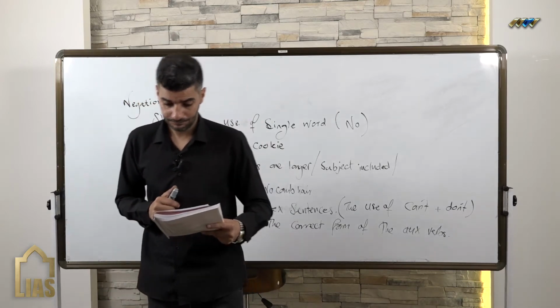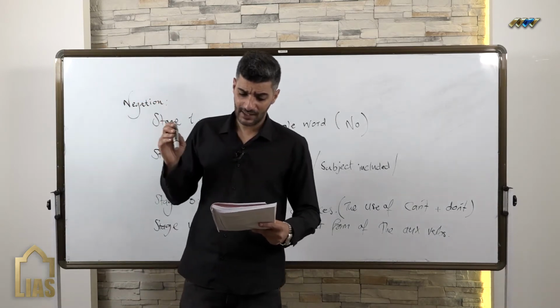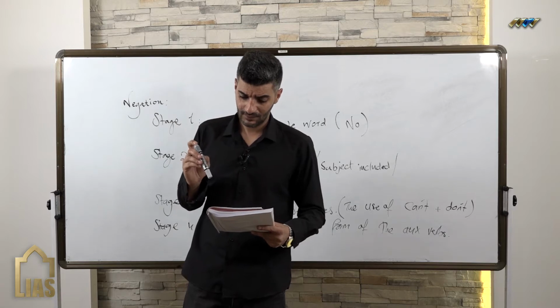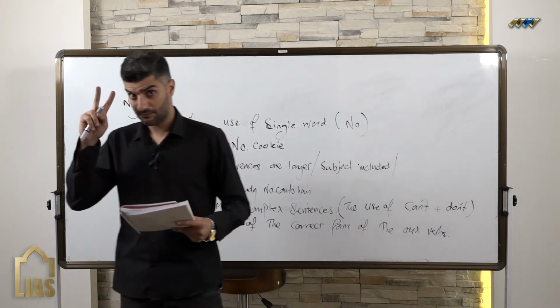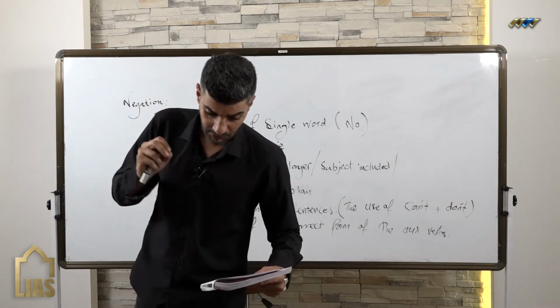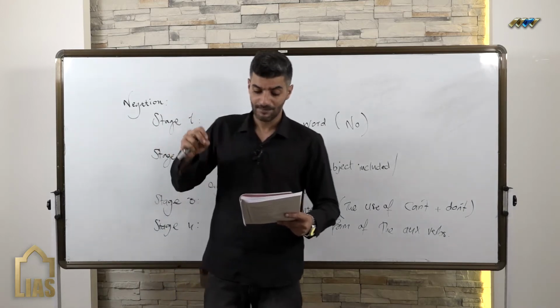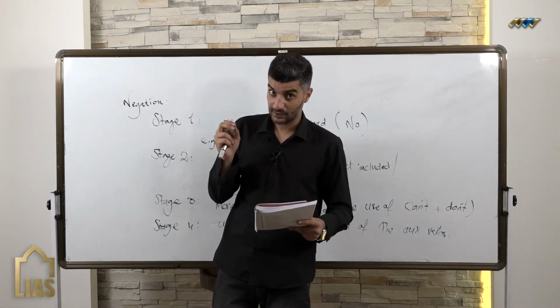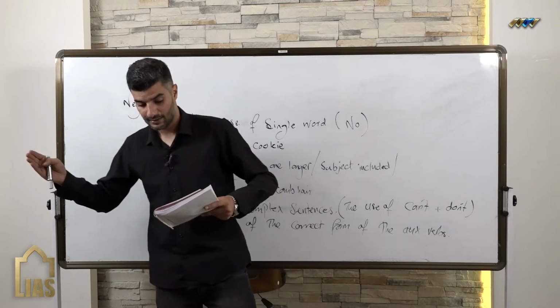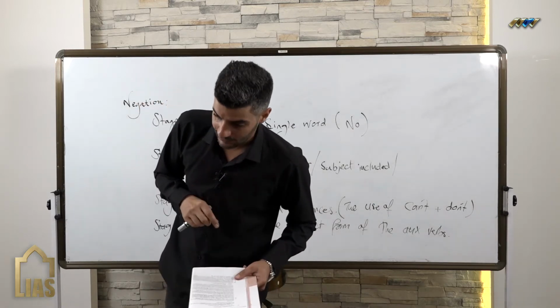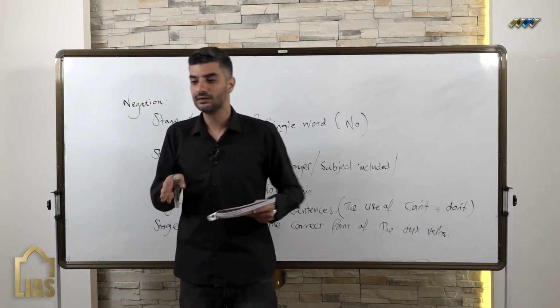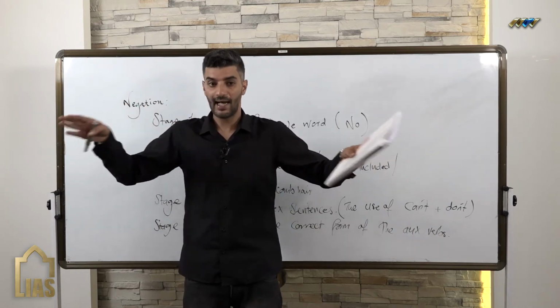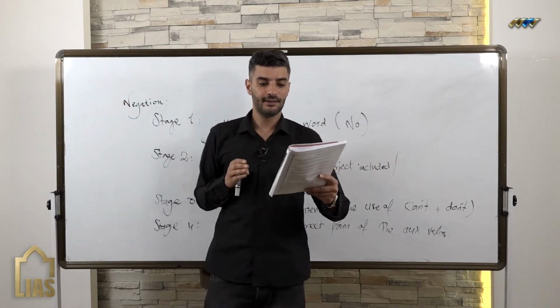Second paragraph. There is a remarkable consistency in the way children learn to form questions in English. What that means is children all across the board learn questions in the same way.